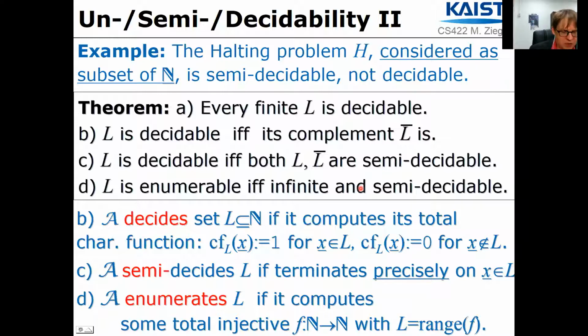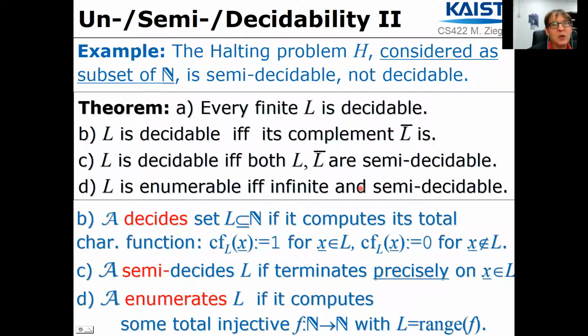Okay, so a big achievement here, having identified, formalized, and then put into relation all these three notions.